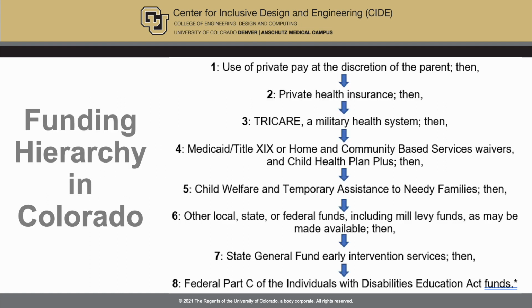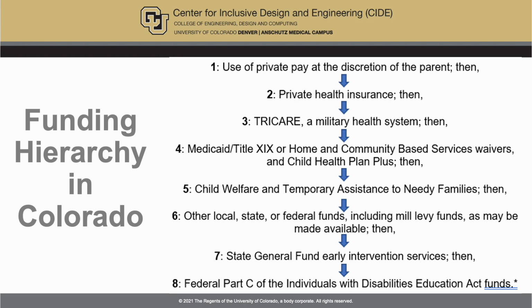You'll need to go through the funding hierarchy to get devices funded in Colorado. Knowing your client's insurance status will help you know in advance what funds need to be secured through which source if their insurance doesn't cover the full cost. If a child has more than one insurance, all insurance types would need to be accessed before requesting Part C funds.